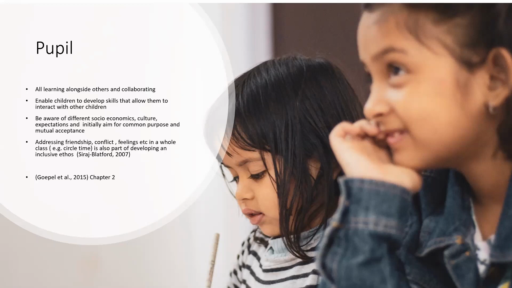So how might that be approached, for example? So there is discussion about the idea of strategies such as the use of circle time, where children might address issues such as friendships, conflict that might have arisen from issues in the playground, and positive feelings of happiness, and more difficult feelings of sadness or anger.